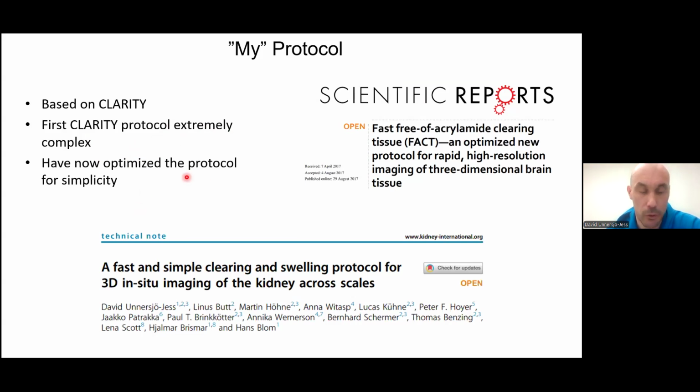So we have now optimized the protocol to be much simpler. A couple of years after the original Clarity protocol was published, another protocol was published showing that if you skip the electrophoretic tissue clearing and only immerse your sample at a high temperature with shaking, so-called passive clearing, you don't need to introduce the hydrogel at all.